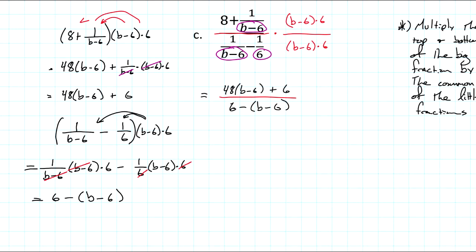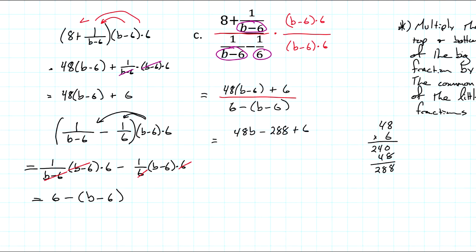So let's go ahead and simplify this, and then I'll go back and do that one more time without that side work. So on top I'm going to have 48 times b minus 6, so 6 times 48. Oh, that's fun. 6 times 48. 6 times 40 is 240. 6 times 8 is 48. So this is 288.